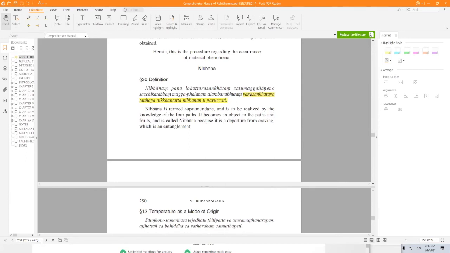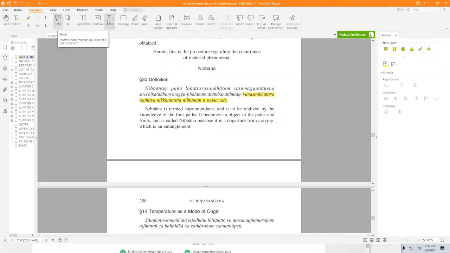And craving is said to be an entanglement or a jungle. So the word vana can mean a jungle or a tangle, and Nibbana is the escape from that jungle or entanglement. And so therefore it's called Nibbana.